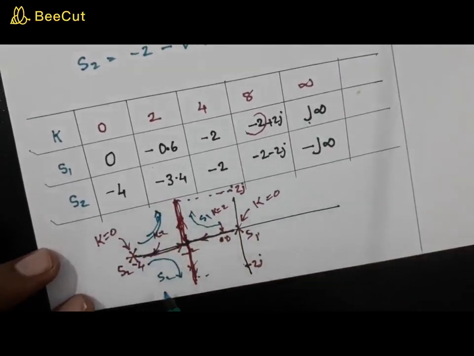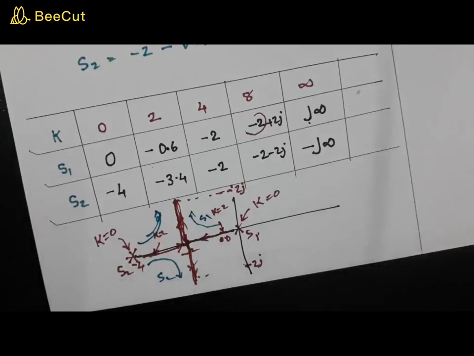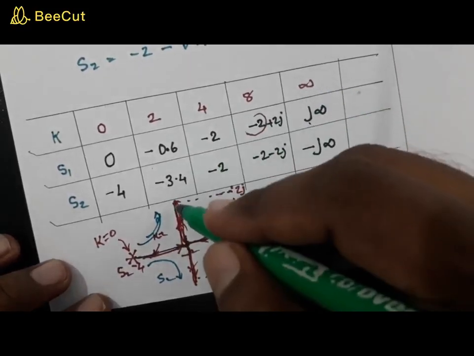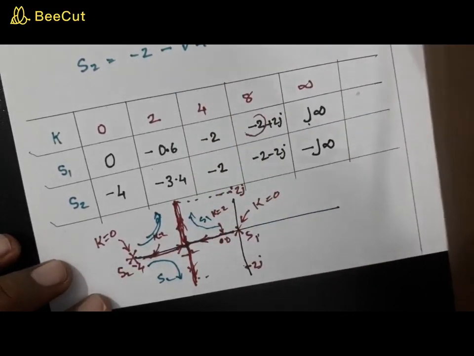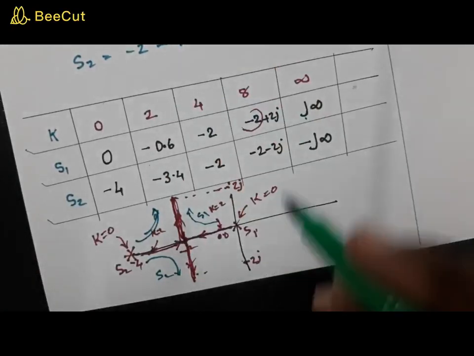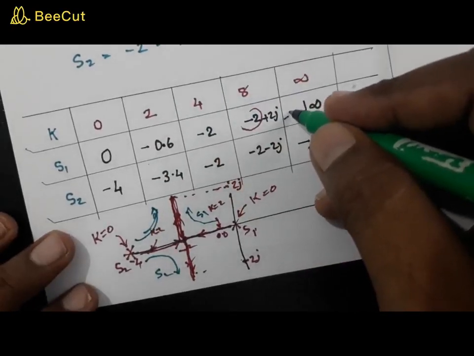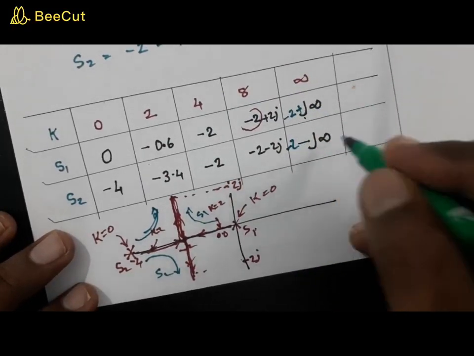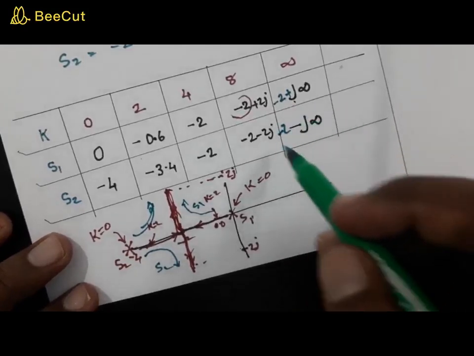Will the system ever come to a point of instability? Never. Because whatever may be the value, at infinity, this is going to be minus 2 plus j infinity, and this is minus 2 minus j infinity. This is what you need to write.